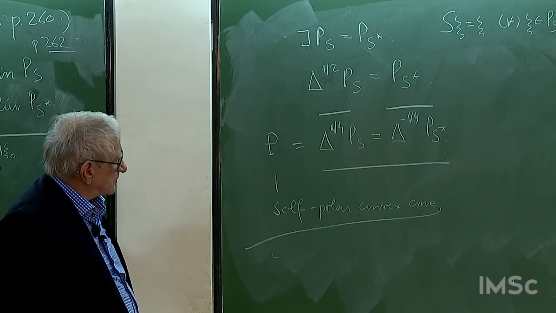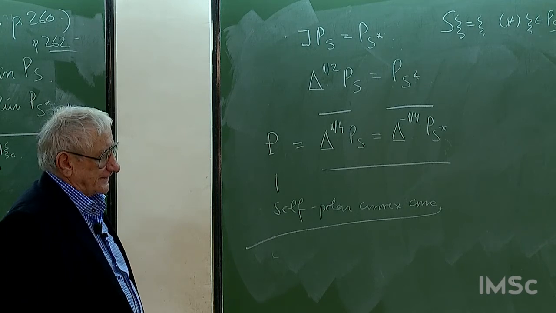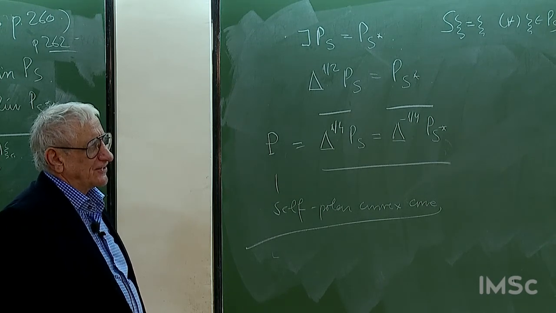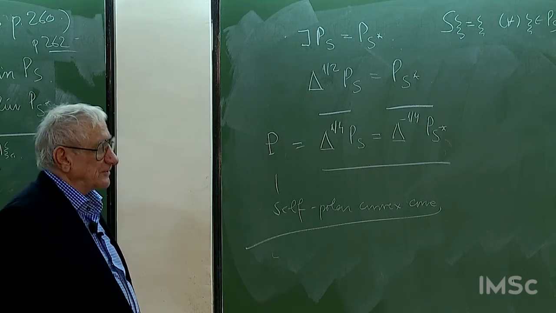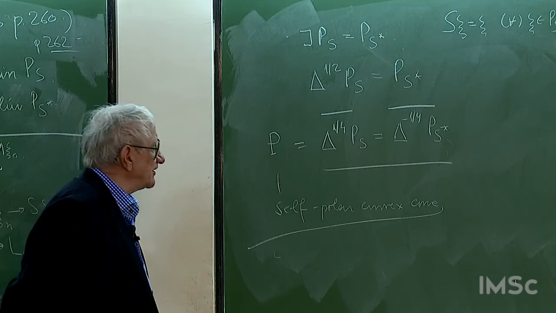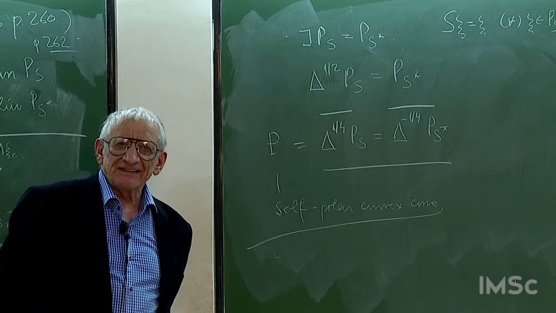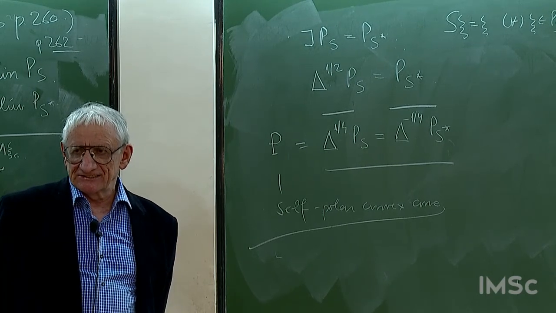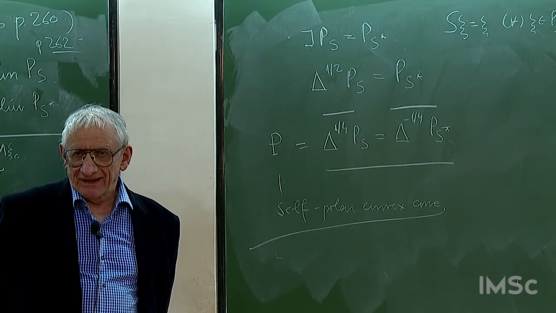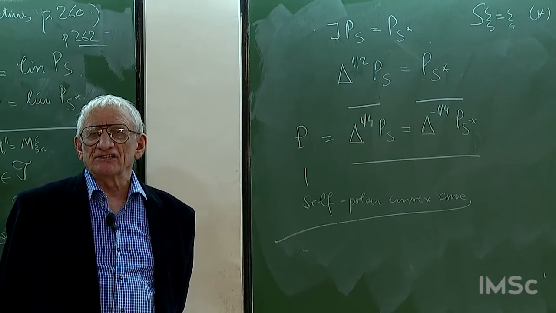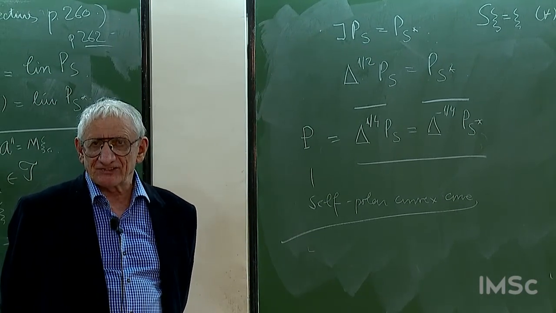If you look at a standard von Neumann algebra and you put into the picture also S, G, and also J and P, then you will get what is called a hyperstandard von Neumann algebra. And there are many properties specific to the hyperstandard algebras.